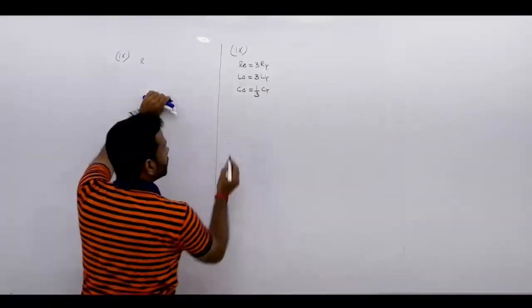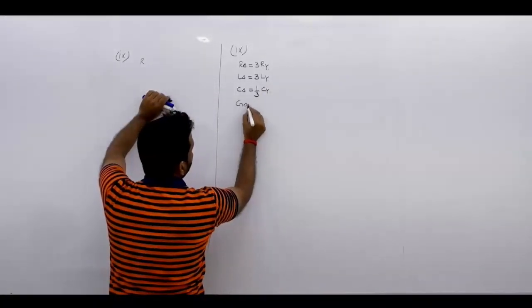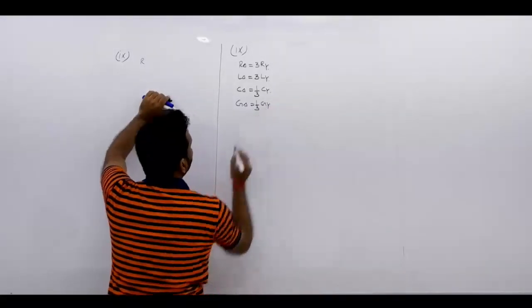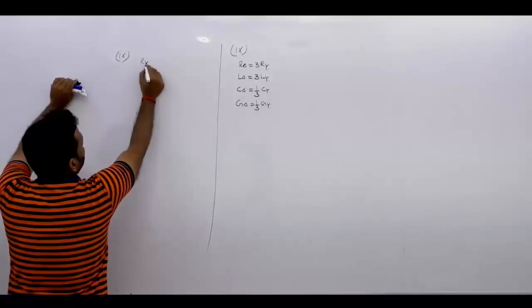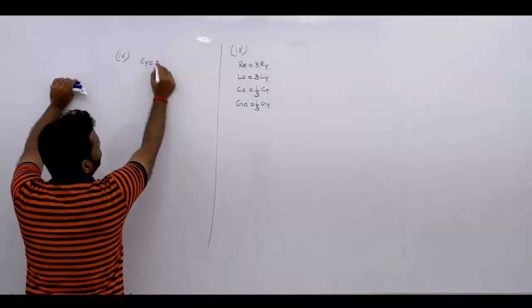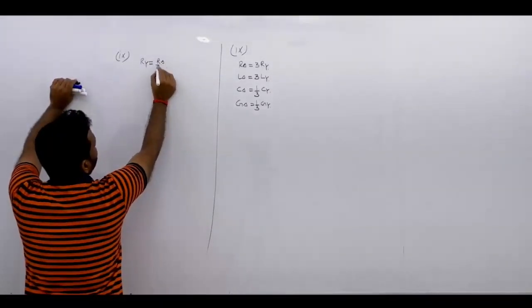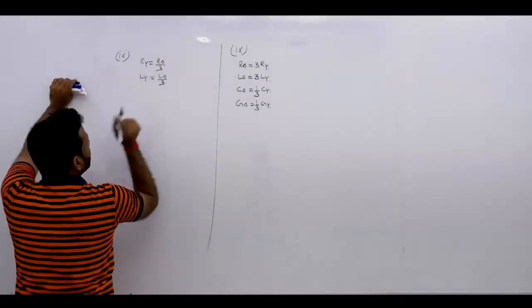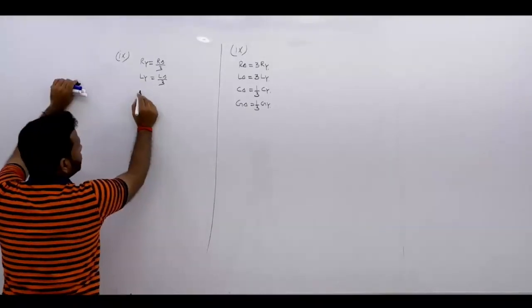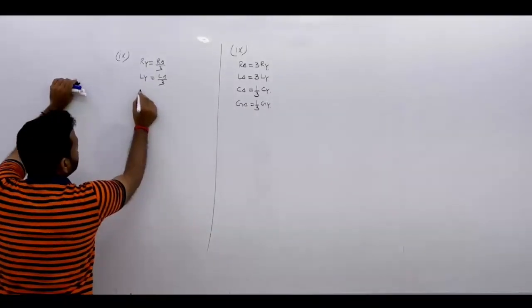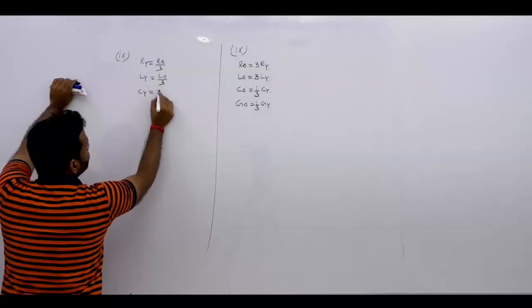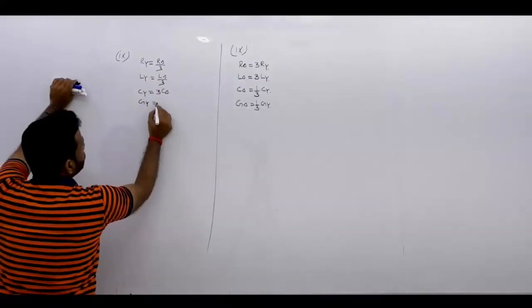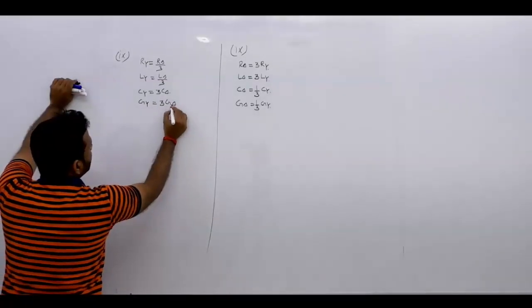Similarly, G in delta is 1/3 times of G star. So R star is equal to R delta upon 3, L star equals L delta upon 3, and C star is equal to 3 times of C delta, and G star is equal to 3 times of G delta.